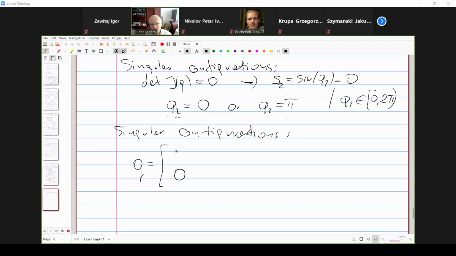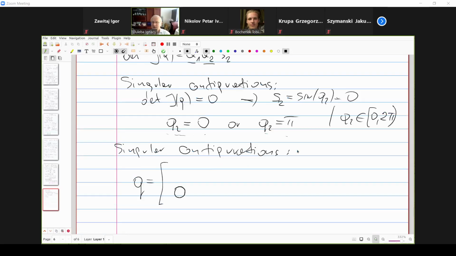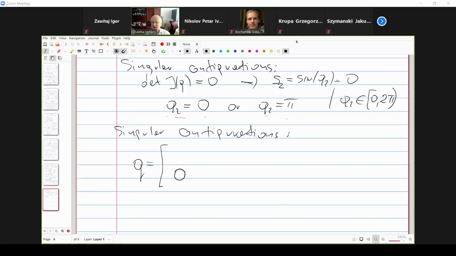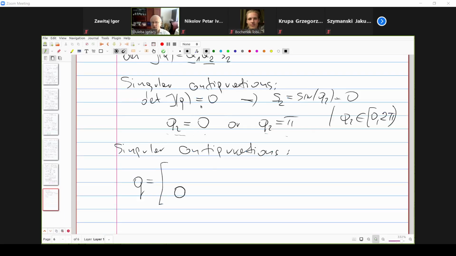And what about the Q1 value? Can someone try to answer this question? What about Q1? An idea? Which values of Q1 are good to satisfy this property?